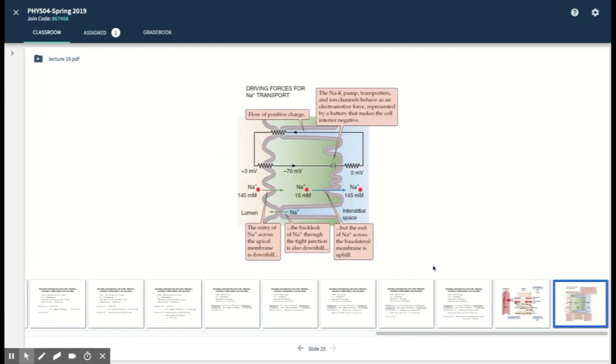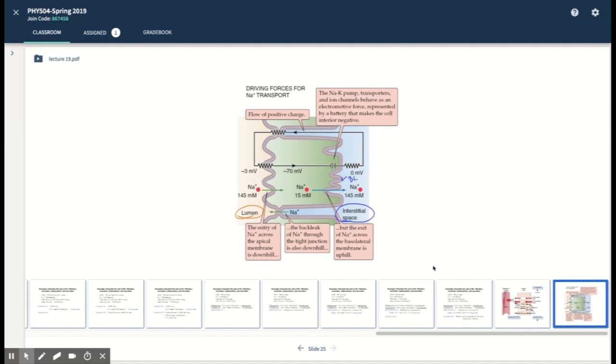Now, sodium specifically. This is from the Boron book, and these are your driving forces for sodium movement. So if your lumen is here, and your interstitial space is over here, which membrane is this one? Basolateral.